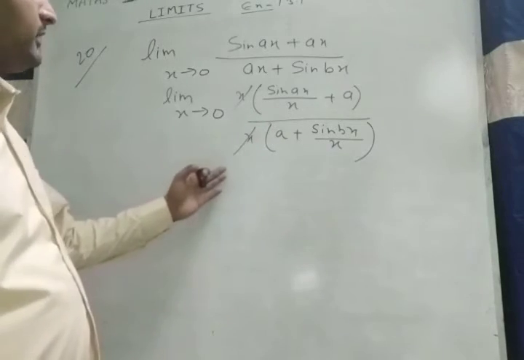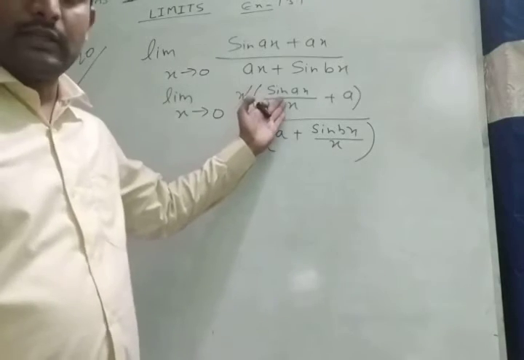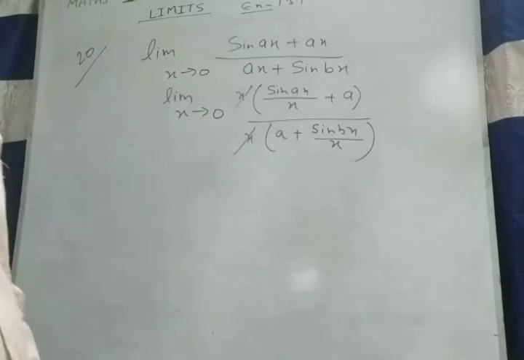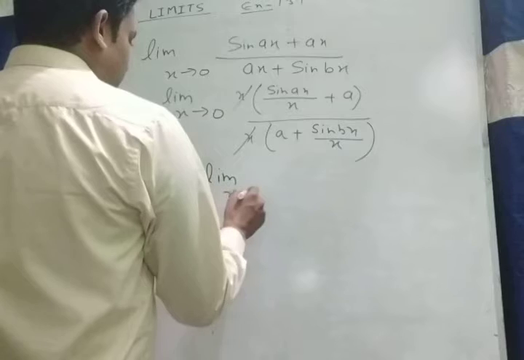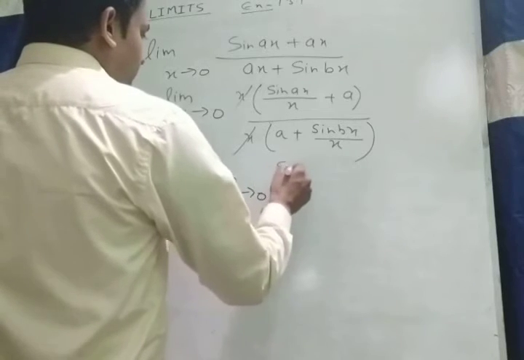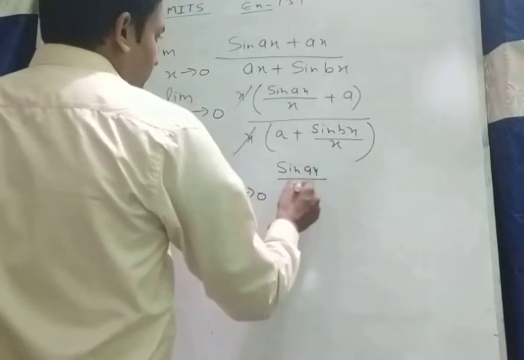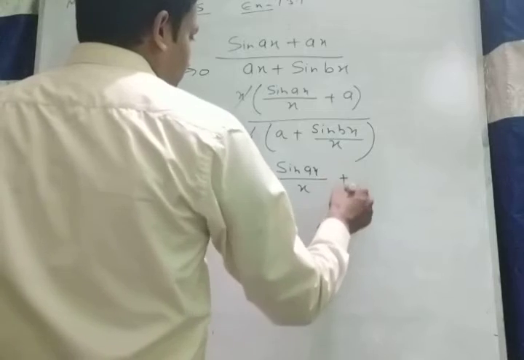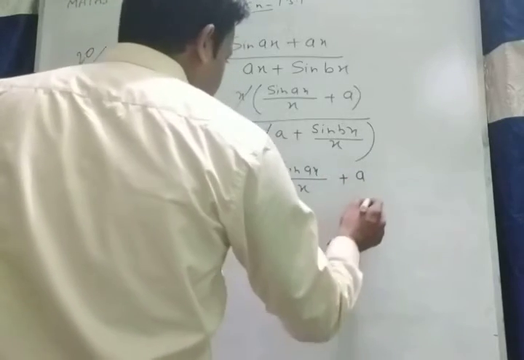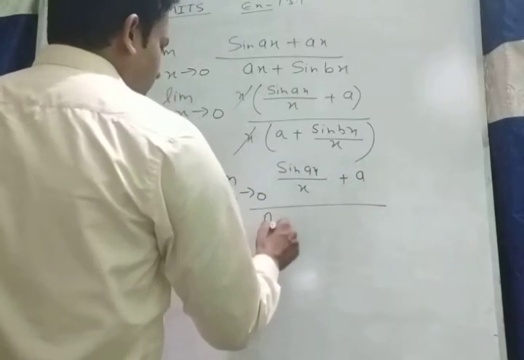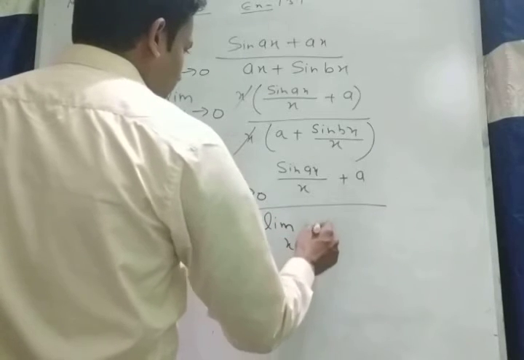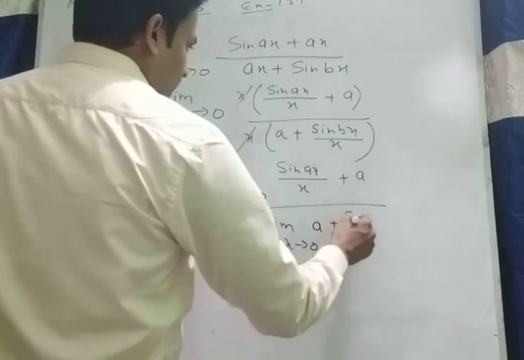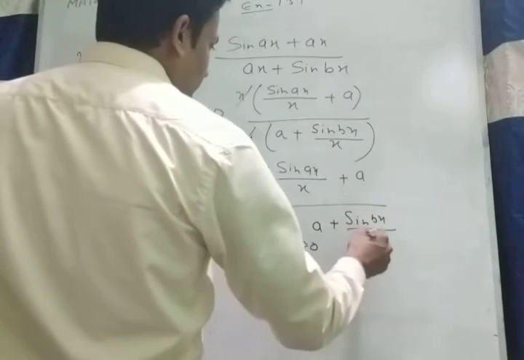Now take the limit to the numerator and denominator both. We get limit x tends to 0 sin ax by x upon limit x tends to 0 of a plus sin bx by x.